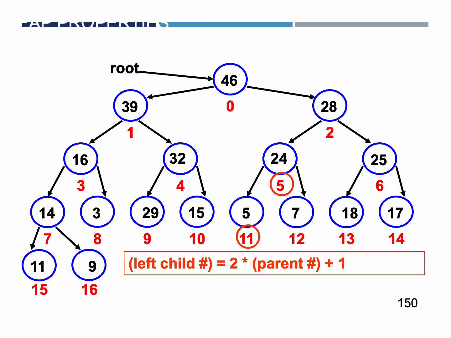Similarly, if you look here again, the parent is 24 and the index is 5. If you multiply 5 by 2, which is 10, and then add 1, which is 11, that is the index of the left child.